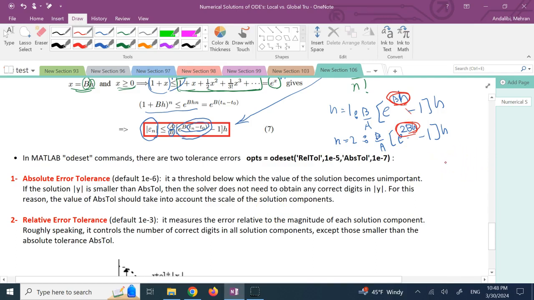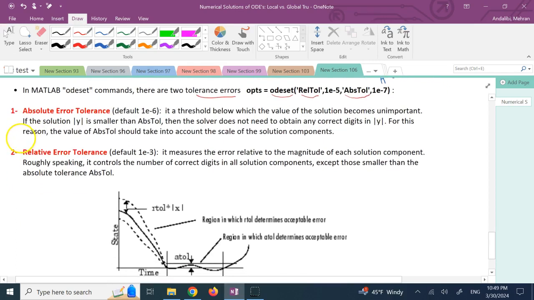Okay, so do we have any upper bounds? Do we have any controls over our error? If you look at the command odeset in MATLAB, there are two important tolerances for error. One is called the relative tolerance, the other one is called the absolute tolerance. Okay, and we want to know what these two are.